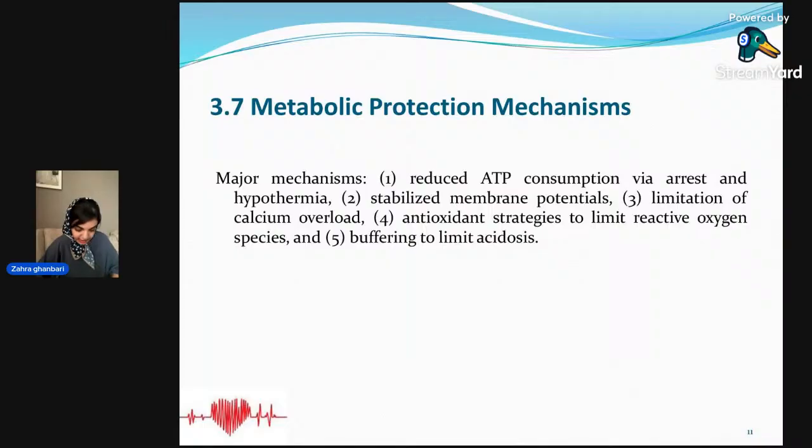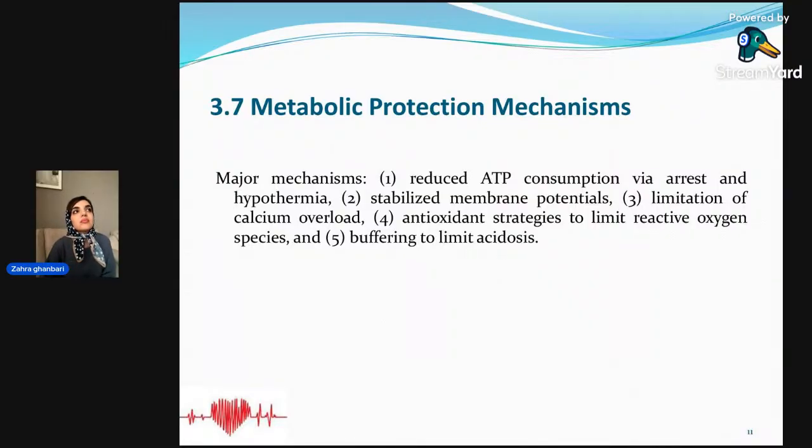Another injury is reperfusion injury, damage from a sudden return of blood flow after cross clamp removal. To prevent this injury, when we want to reperfuse, we do that slowly, gradually, not rapidly, and we add some drugs in our cardioplegia to prevent reperfusion injury.